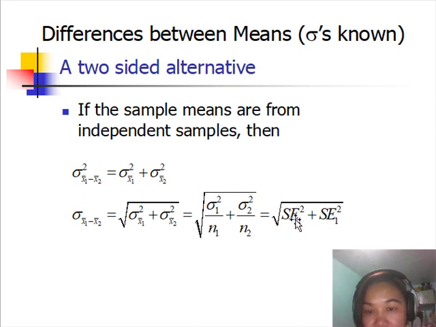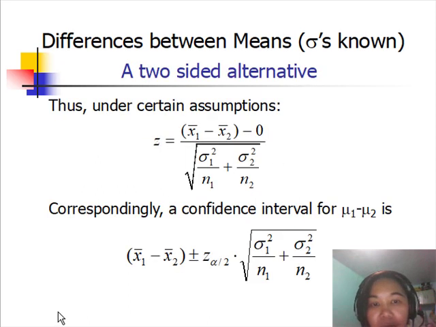SE is the standard error. So this is the standard error of the first group, and this is the standard error of the second group. Thus, under certain assumptions, the Z-test becomes the difference of the sample means minus 0, because we set delta to be equal to 0, divided by the square root of the sum of the variances over sample sizes.